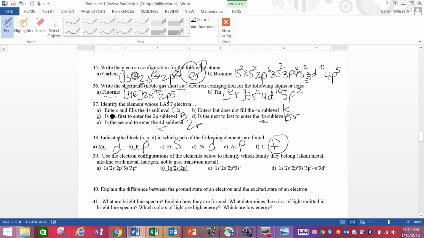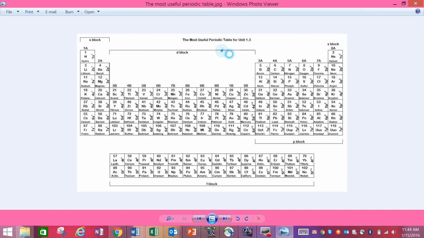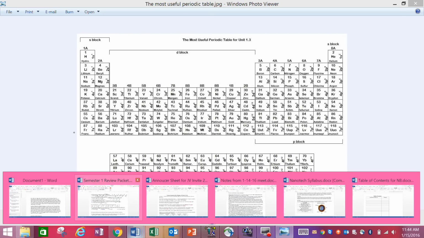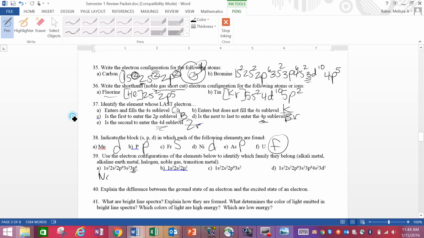Alright, then it says, use these configurations to figure out what family they're in. So you just look at the last little bit, 3p6, find 3p6, it's argon. Argon's in group 8A. That's the noble gases. Okay, I'm going to write down what it is too. Letter B, that is fluorine.